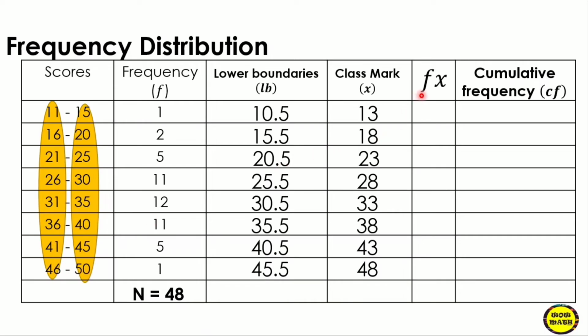So, next is the fx, or we're going to get the product of the frequency and the class mark. So, una, 1 times 13, that is 13. 2 times 18, 36. 5 times 23, 115. 11 times 28, 308. 12 times 33, that is 396. 11 times 38, 418. 5 times 43, 215, and 1 times 48, that is 48.